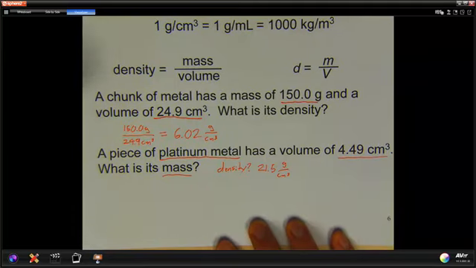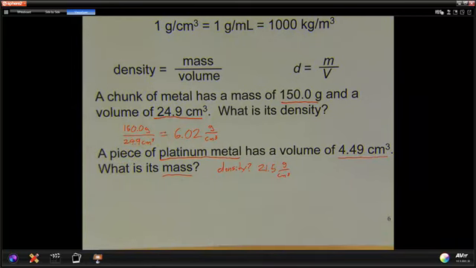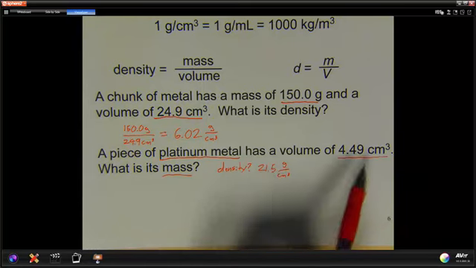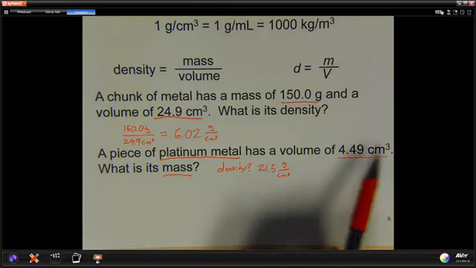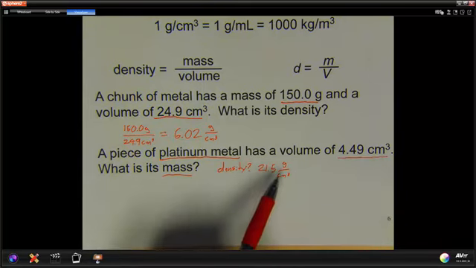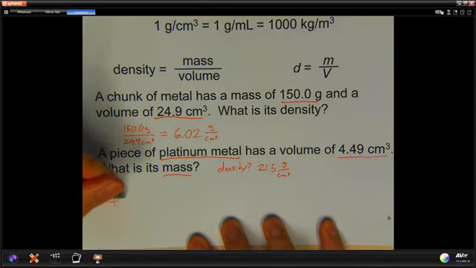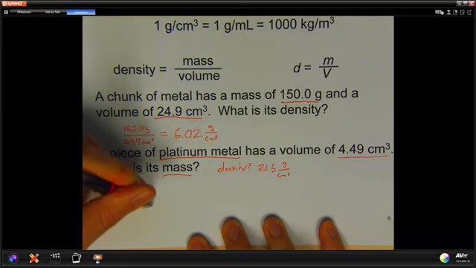Okay, so now that we know that, we want to find the mass. So we're going to do this the same way we do any kind of conversion problem. We look at what we have. We have this number and we have this number. And between these two numbers, this one has 1 unit, this one has 2 units. So we'll start with the one that has only 1 unit, so 4.49 cubic centimeters.